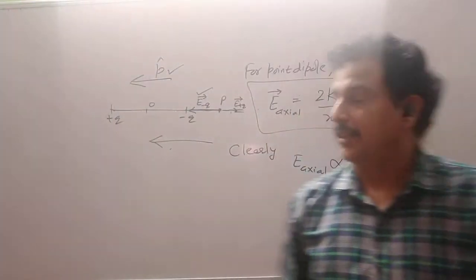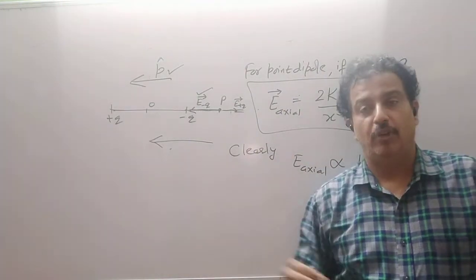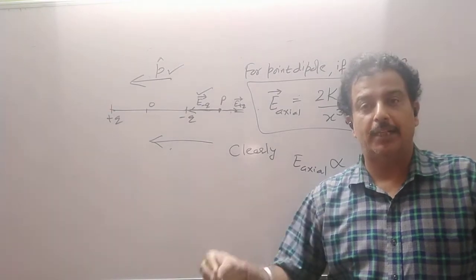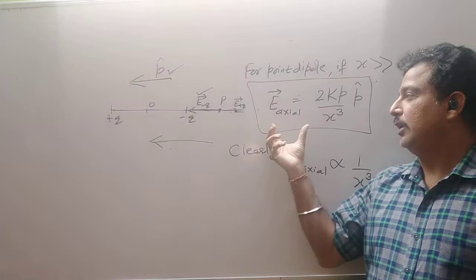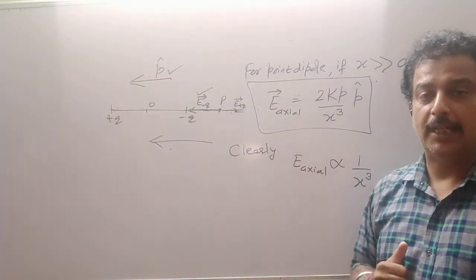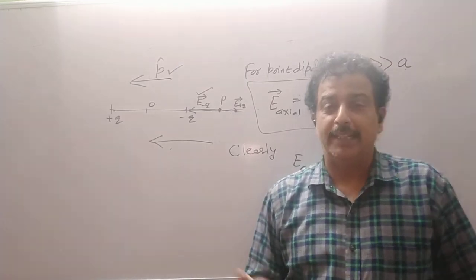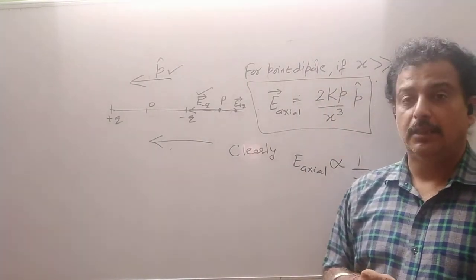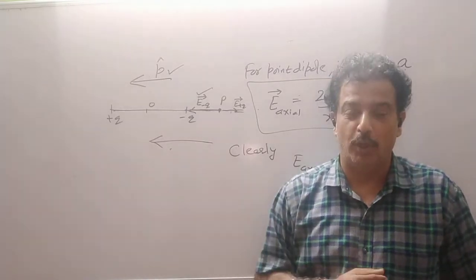So this is the basic information. The first part was the basic information about the electric dipole and electric dipole moment. And one part is we have found the electric field along the axis of a dipole. In the next lecture, we will find out the electric field intensity on an equatorial plane or an equatorial point.